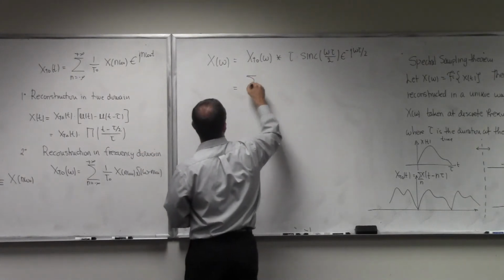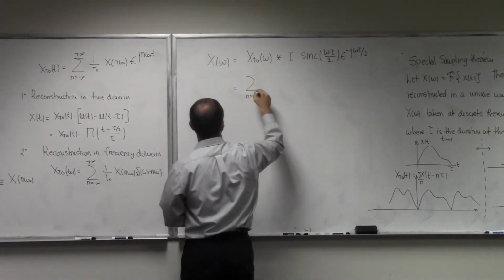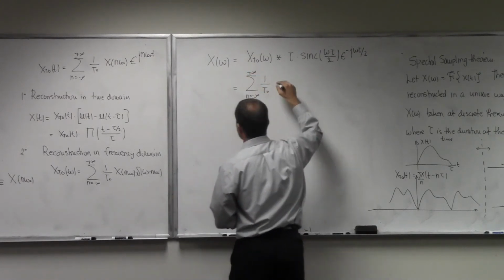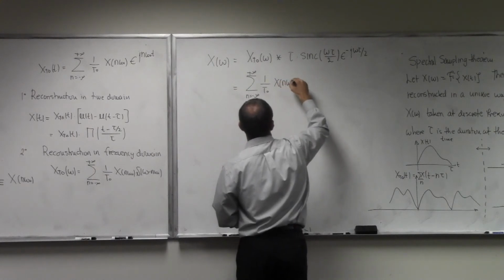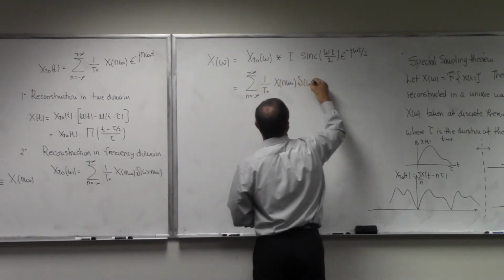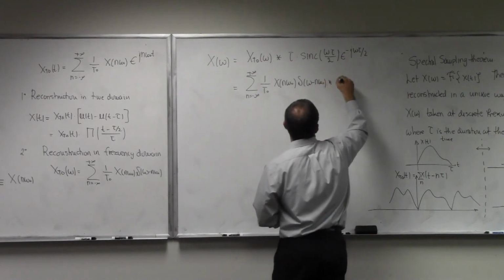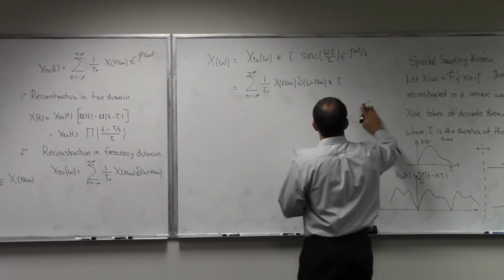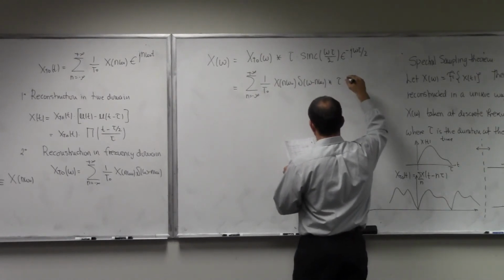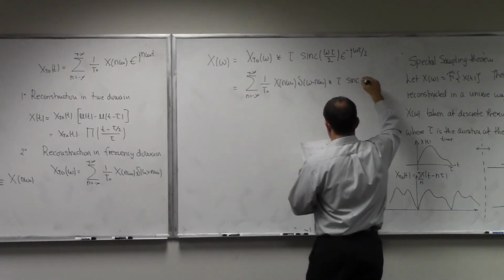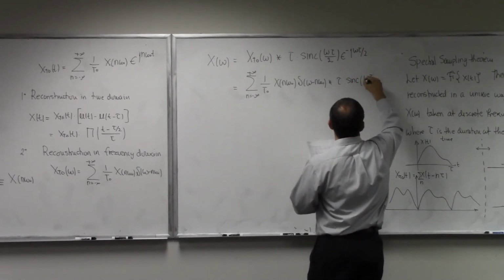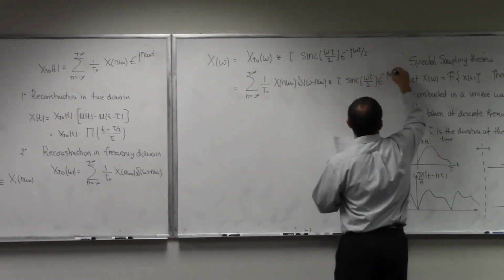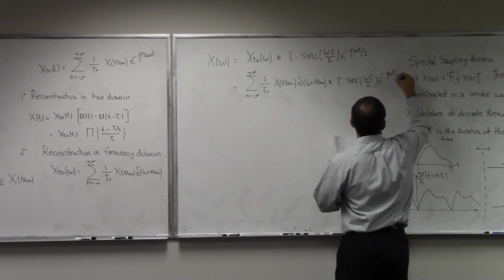So this becomes the sum when n goes from minus infinity to plus infinity, 1 over T0, X of n omega 0, delta of omega minus n omega 0, convolved with tau times sinc of omega tau over 2 e to the minus j omega tau over 2.